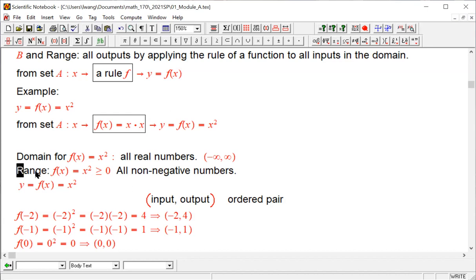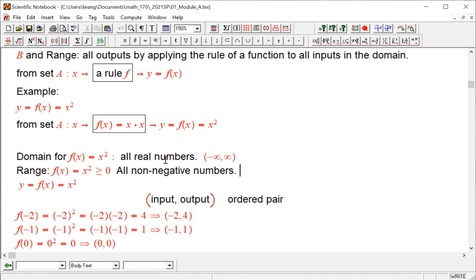So the range will be positive numbers or zero. You can say it's all non-negative numbers, but it would be wrong to say all positive numbers, because that would exclude 0. 0 is not positive. So the domain for f of x is all real numbers, and the range would be all non-negative numbers.